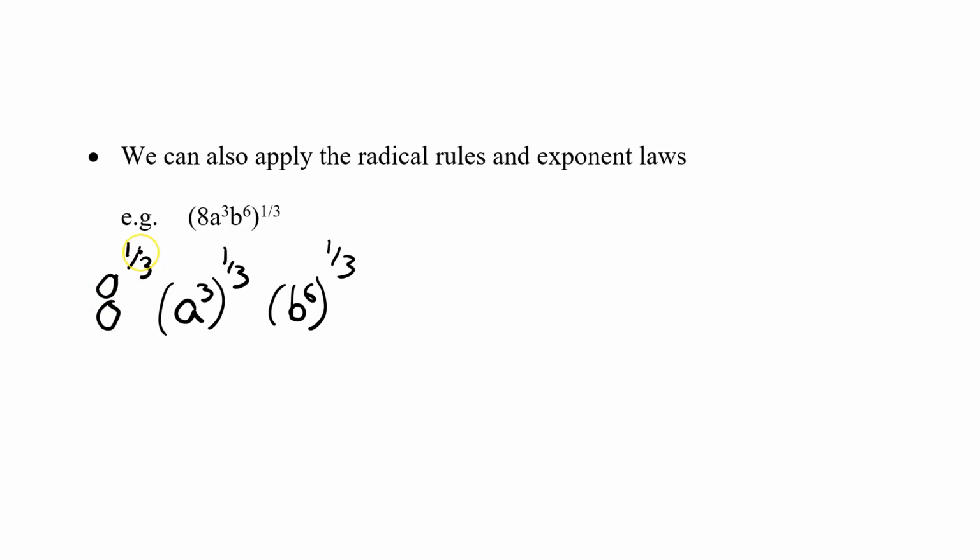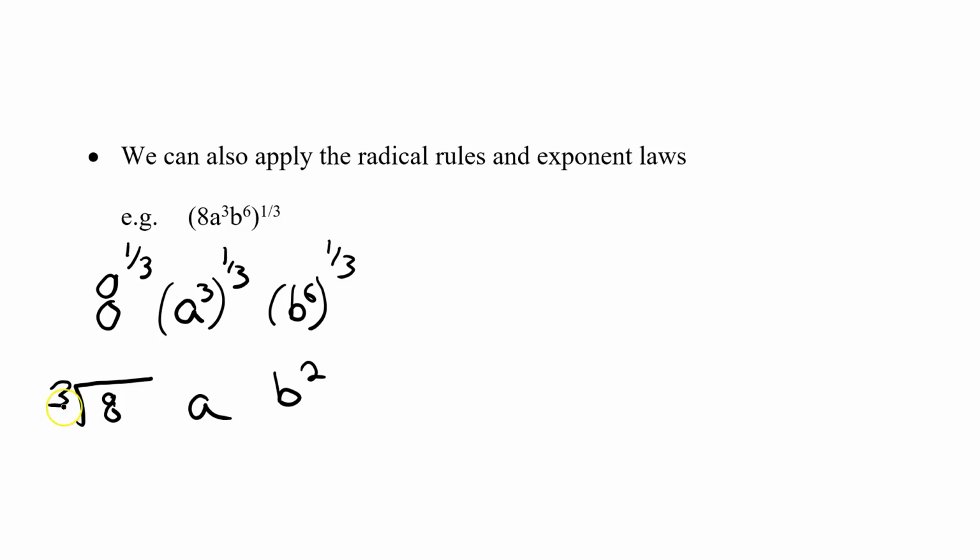Okay, 8 to the 1/3. Well, we know we're going to change this into a radical. So open up a radical, put the 8 there. The power is 1, which I don't have to write, and my index will be 3. a to the 3 times a third. Well, that's 3 times a third, which is 1, which is really plain old a. b to the 6 times a third. 6 times a third is 2, b squared.